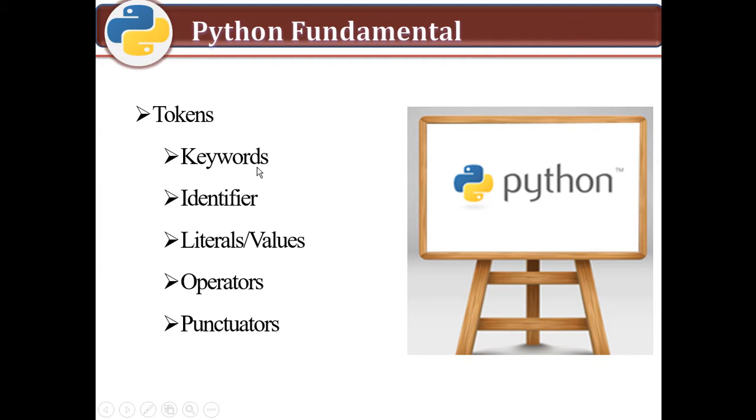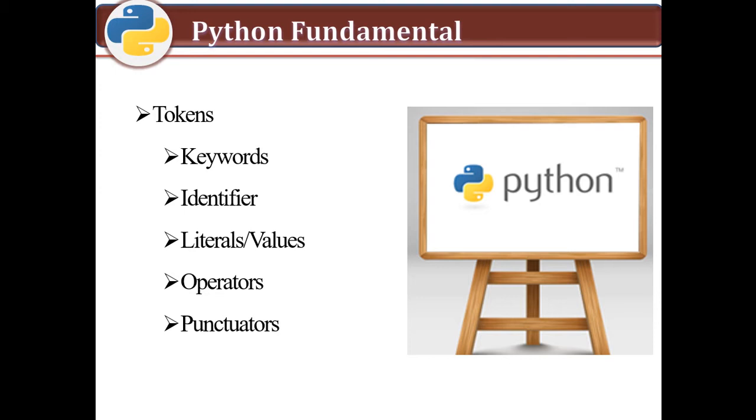So the first one is keyword. Keywords are the words that convey a special meaning to the language, compiler or interpreter. These are reserved for a special purpose and must not be used as normal identifier names. So a keyword is a word having a special meaning reserved by the programming language.